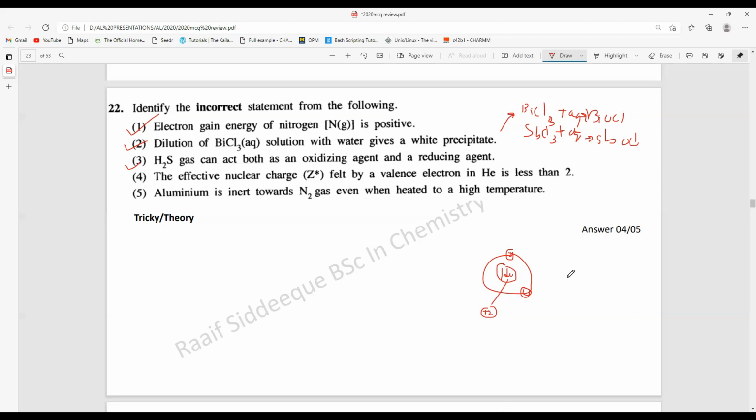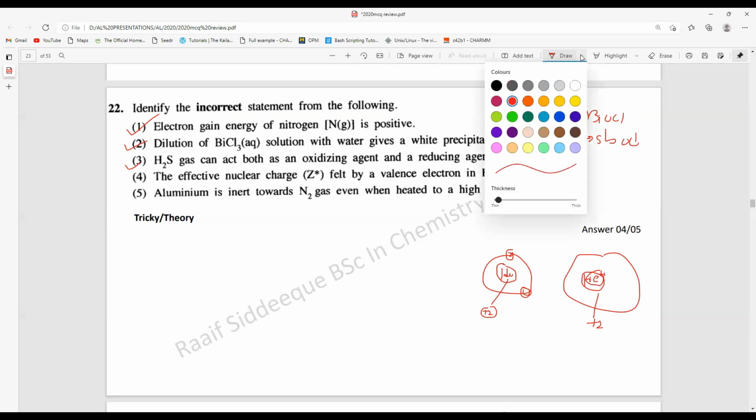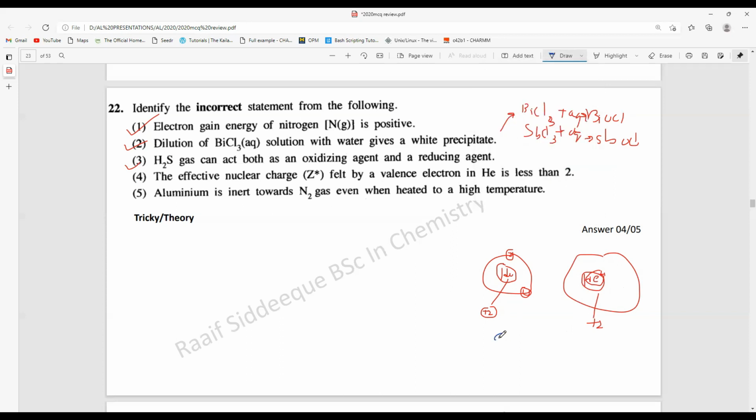If I consider He2+, which has a smaller radius, we have 2 protons and no electrons, so it would be +2. So in the general case this would be 0, and this would be +2.